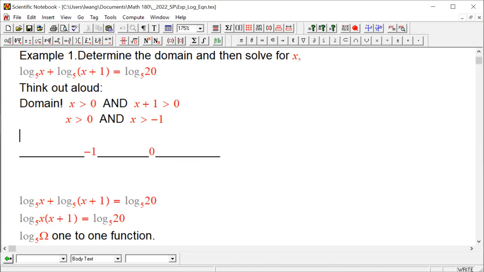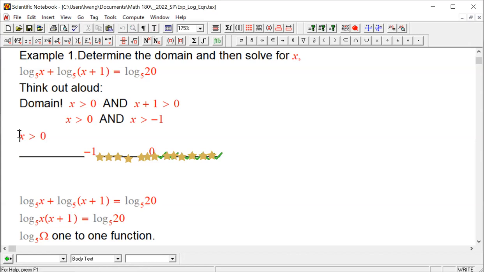And we want both to be satisfied. Here are the values larger than 0, and over here these are larger than -1. The place that we marked twice satisfies both conditions. So the combination of these two requirements results in x is greater than 0.